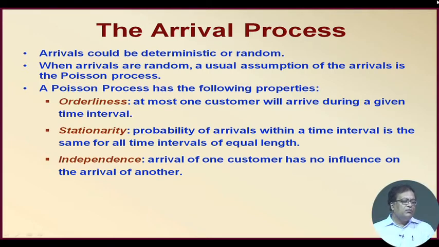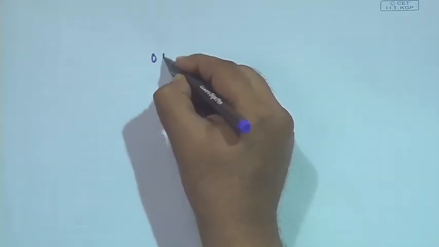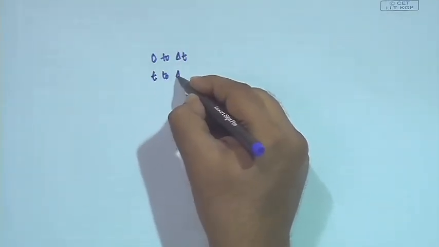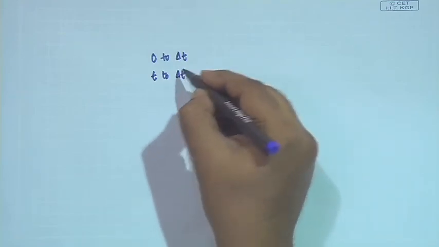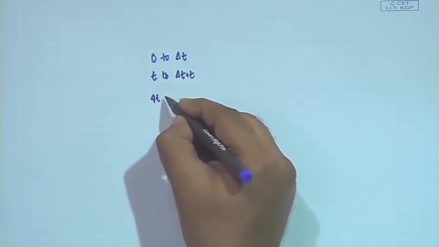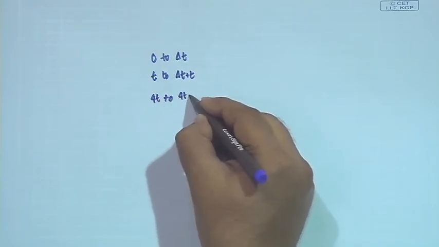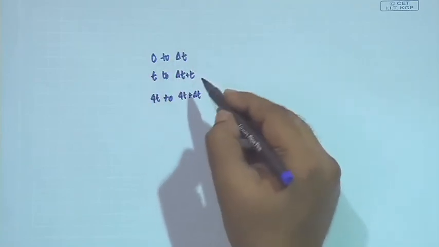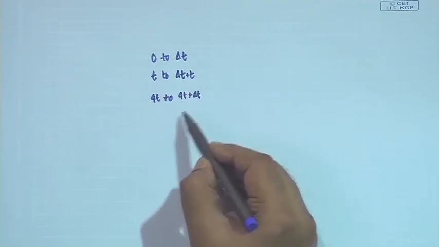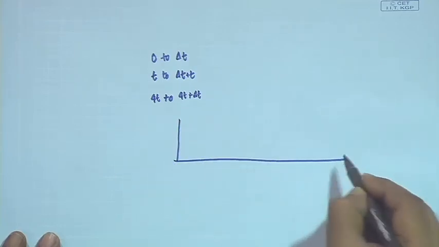Second one is called stationarity. The probability of arrivals within a time interval is the same for all time intervals of equal length. That is very important. If we take different time intervals, say 0 to delta t, t to t plus delta t, and 4t to 4t plus delta t, all of them are different time intervals of equal length.